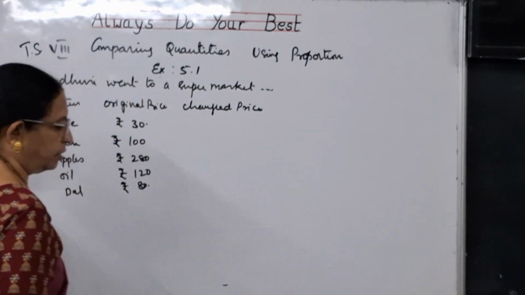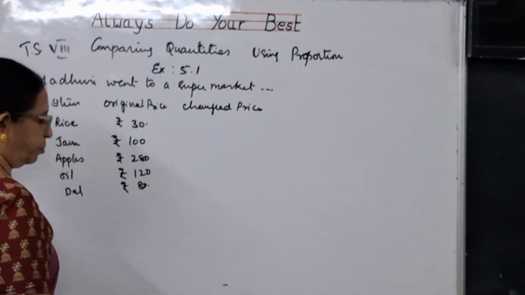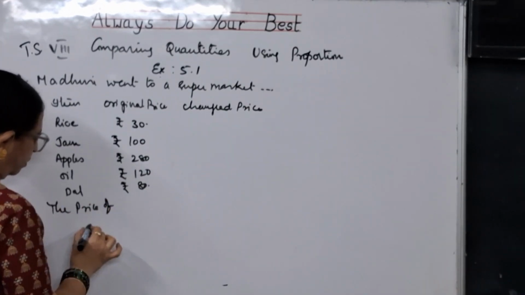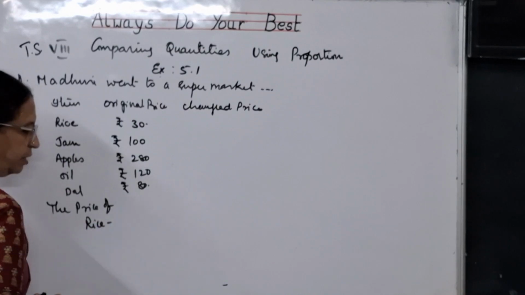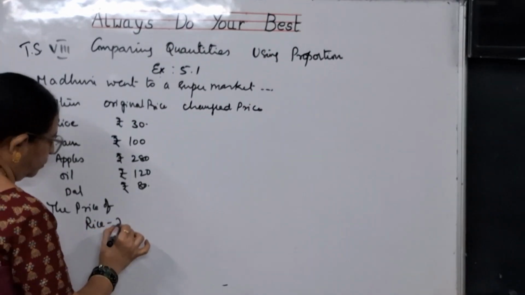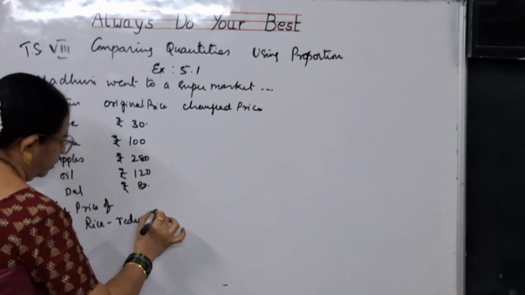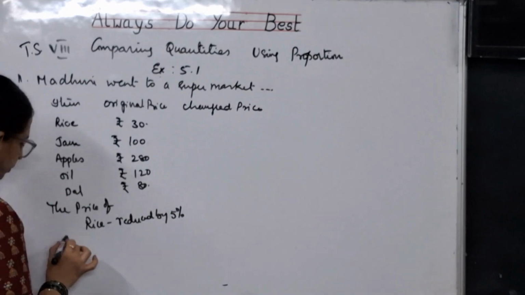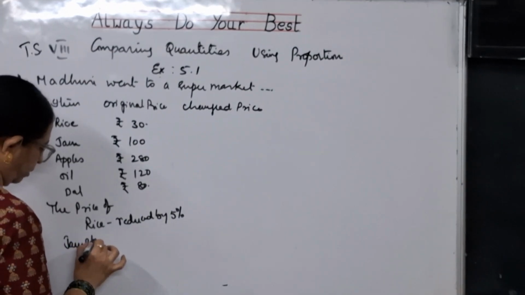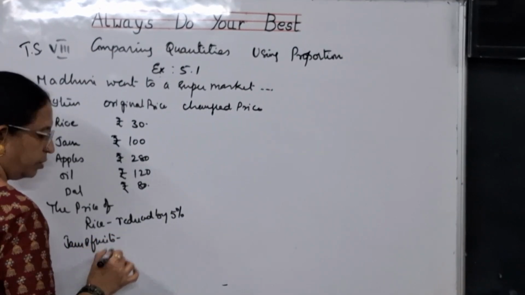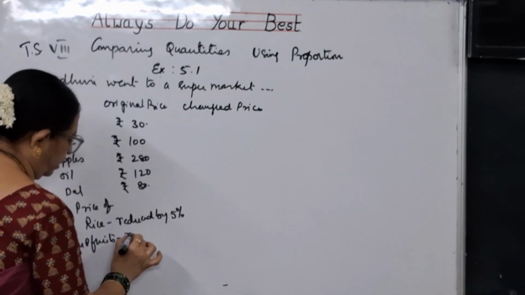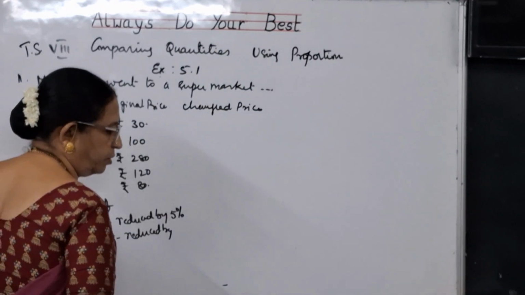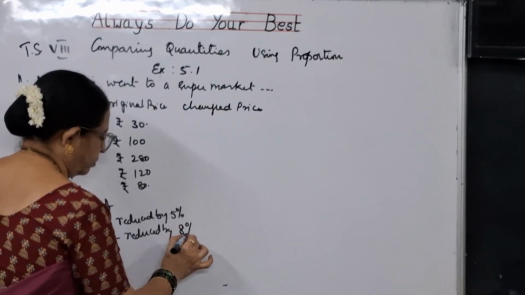They have given the price of rice first. What did they say? Rice reduced by 5%. And jam and fruits reduced by 8%.